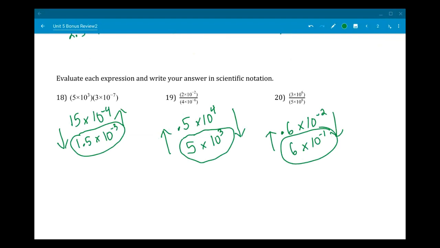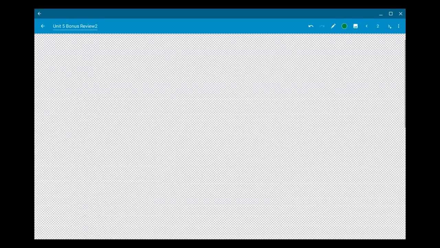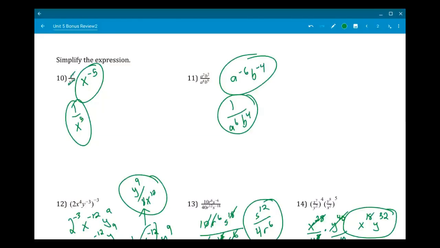Tomorrow on your test, you will be able to use a calculator. But the one thing that I do want to stress very, very much is that not everywhere will be super helpful with a calculator.